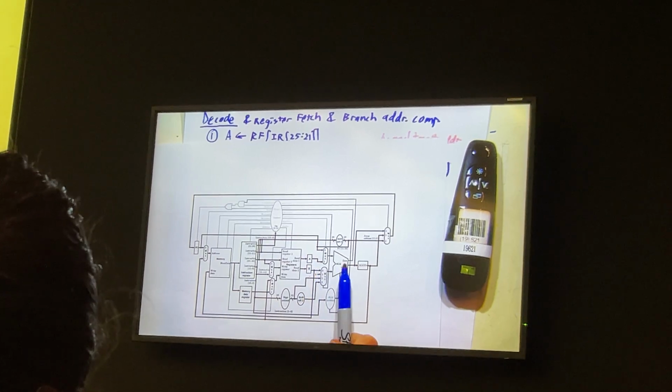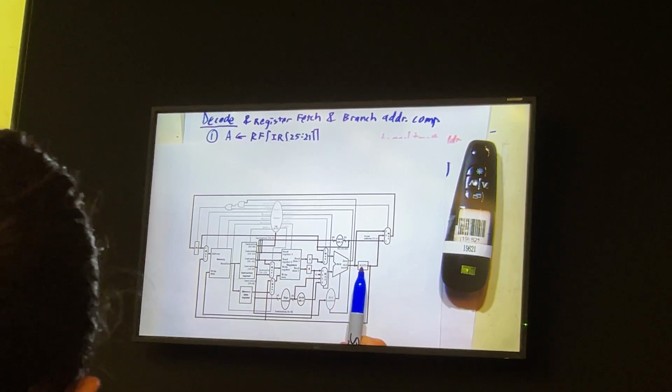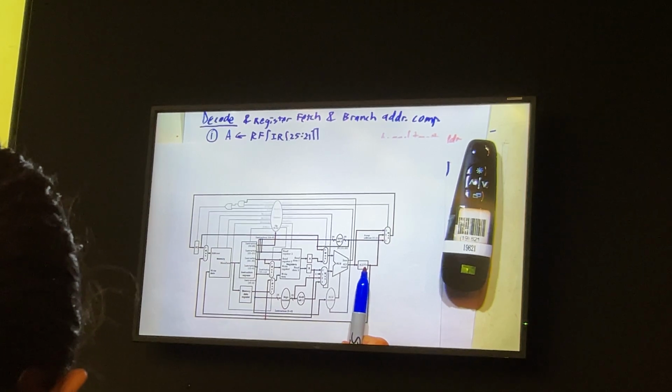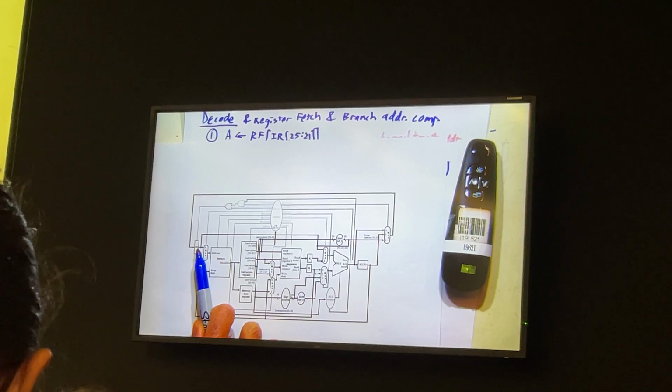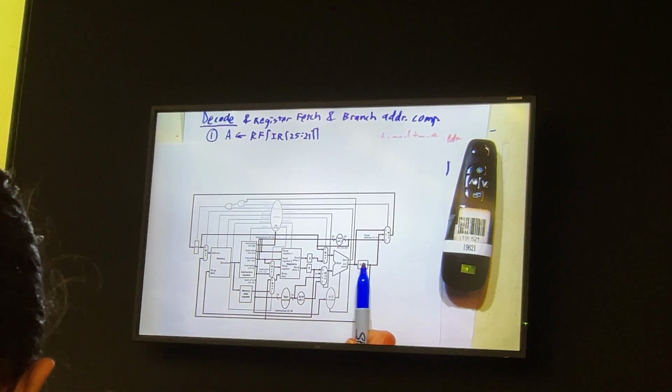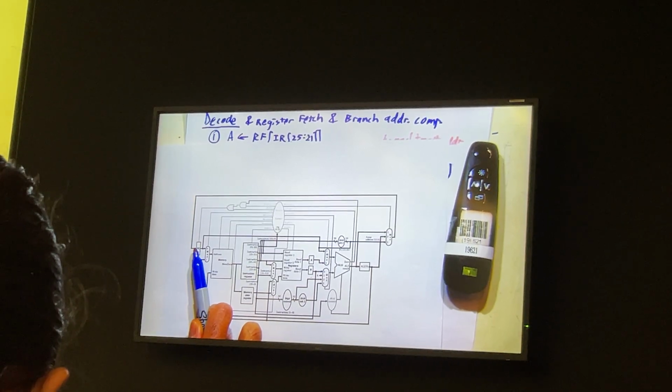We just have to subtract them, check if the result is 0, and if the result is 0, we need to stick ALU out, which has the target address, back into the PC. If it's not 0, then we don't do anything because PC already contains PC plus 4.